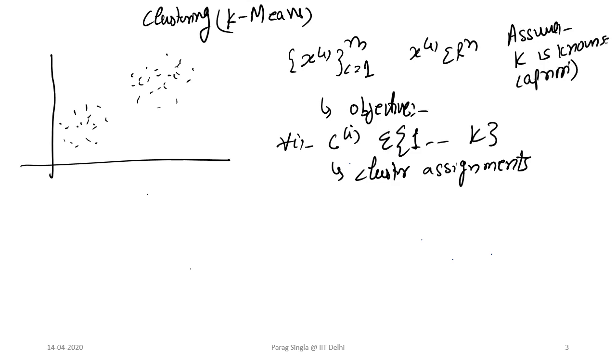Right, so this is a very simple setting, where we are given these data points xi, i equal to 1 to m, no class labels, only features are given for these points. And for each point, we would like to find a cluster assignment where each cluster assignment variable belongs to a discrete set which is from 1 to k, right?